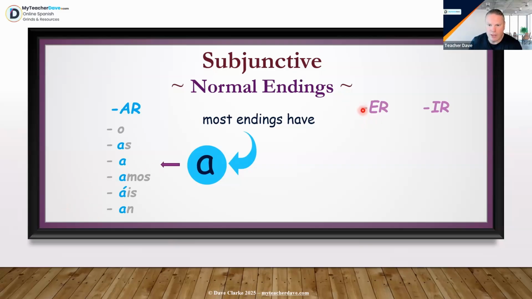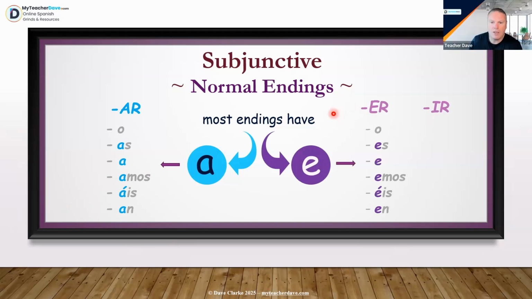For the categories of ER and IR verbs, the most common letter in the endings is E. So that gives us, for ER verbs, o, es, e, emos, éis, en. And for IR verbs, o, es, e, imos, ís, and en.